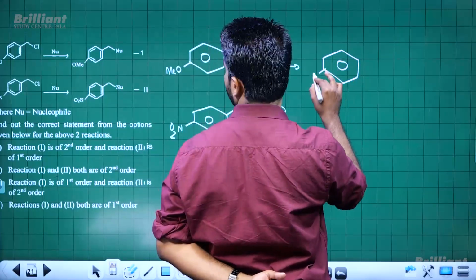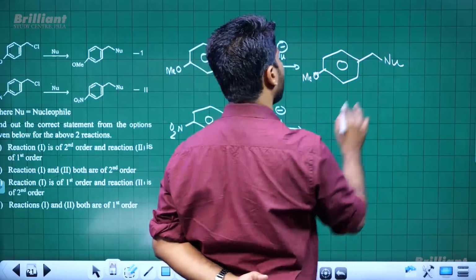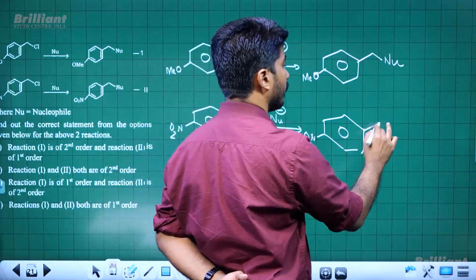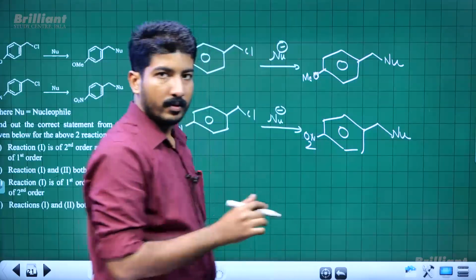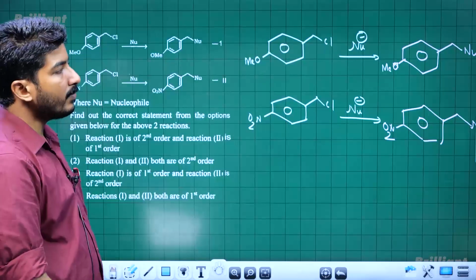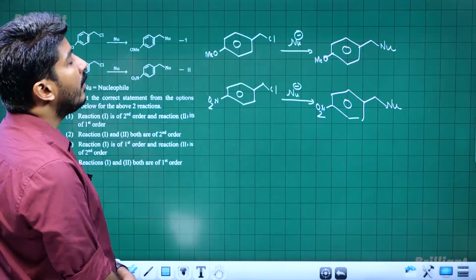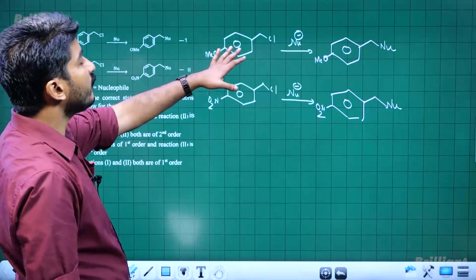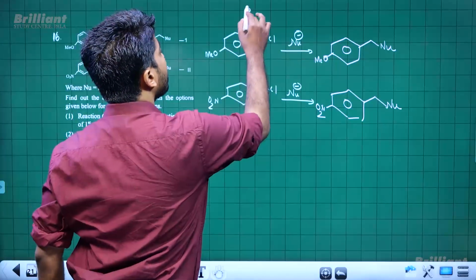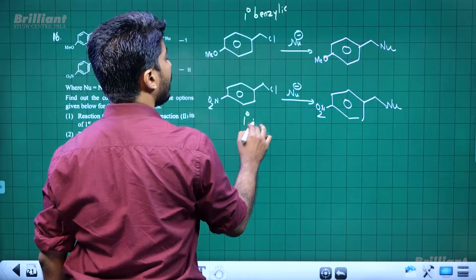They have given the structure of certain products also, like this. They are asking for the mechanism: if this happened, what would be the mechanism behind it? In the first case, we know that this is a primary benzylic halide. This is also a primary benzylic halide.